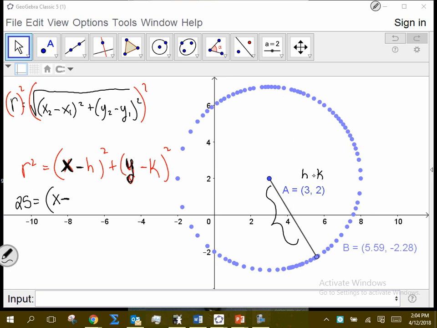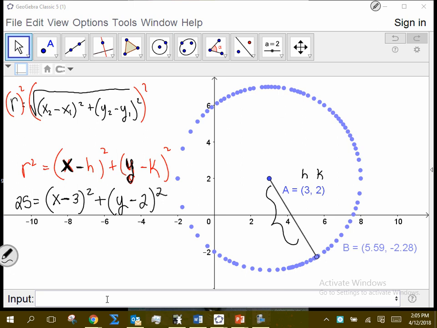Yeah. Okay. My ordered pair, it's alphabetical, right? h, k. So the x coordinate is h for my center. So I'll write x minus 3. We'll square that. Plus then y minus what? 2, which is k. Okay.